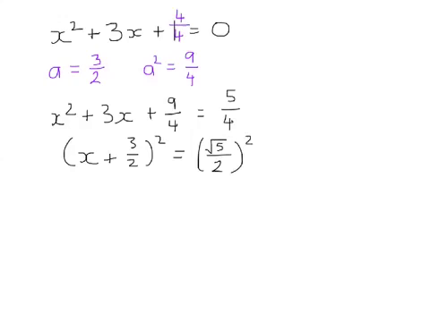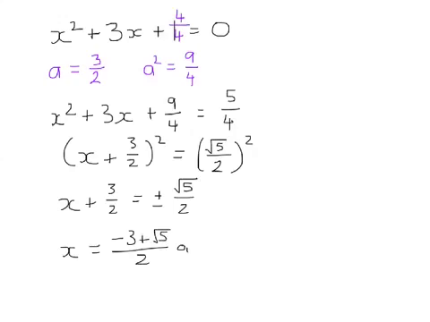Now we can just take the square root of both sides, which means we have x plus 3 over 2 equals positive or negative square root of 5 over 2, which means x is going to be equal to minus 3 plus root 5 over 2, or minus 3 minus root 5 over 2.